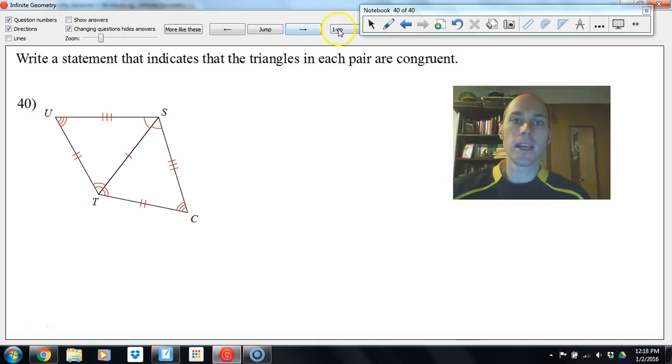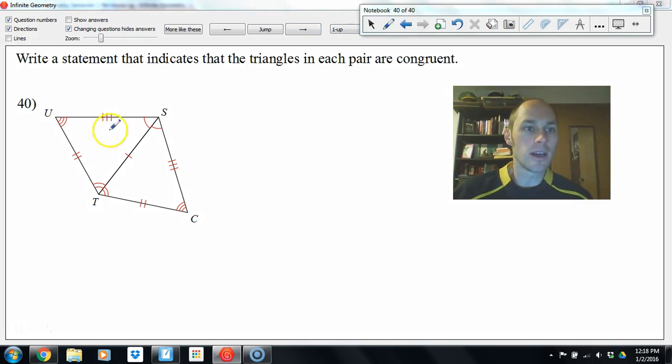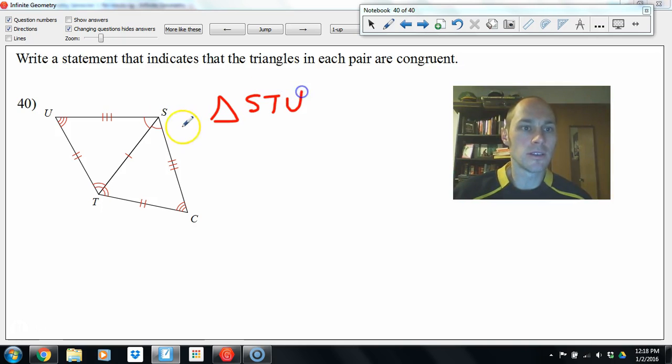Let's write a statement that indicates the triangles in each pair are congruent. So start with one of the triangles. Triangle, let's say STU. I'll just start off with this triangle here. I need to match it up with the other triangle. It's congruent to triangle, you know, STC, CTS, how do we name it? Well, S is the first one we named here.